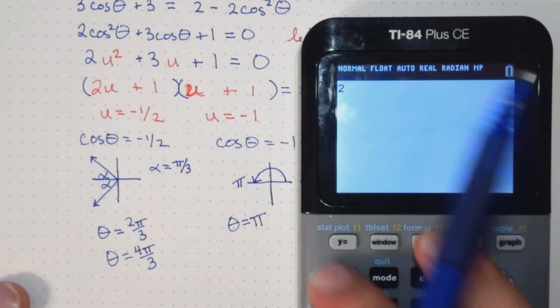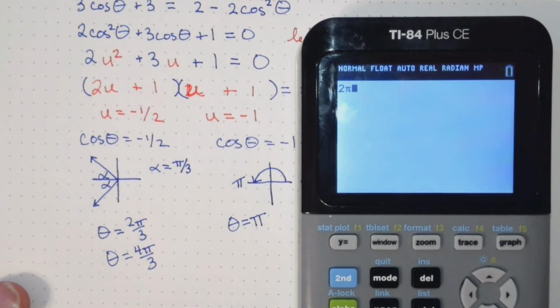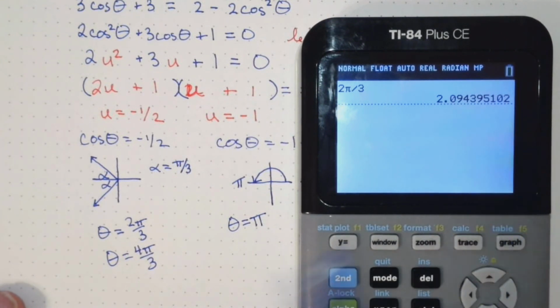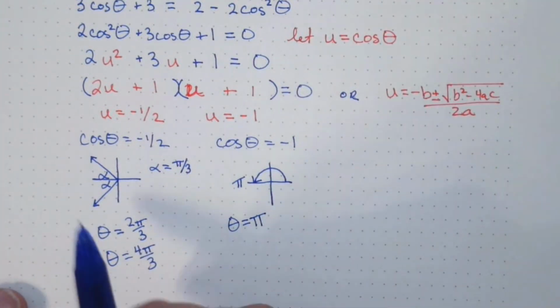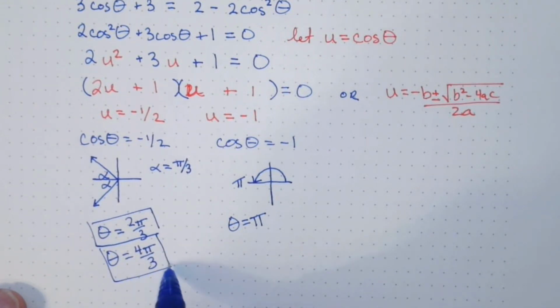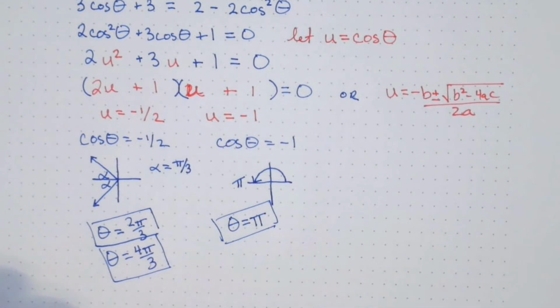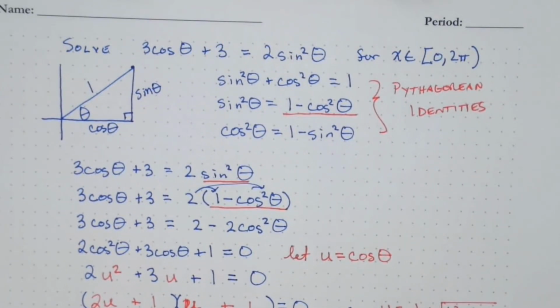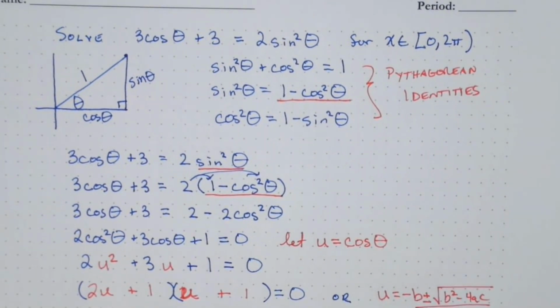And if I'm not sure what that value is, there's 2 pi divided by 3, 2.0943. Right? So I've got my various solutions, and on the interval, there are only those 3 solutions. Okay? So this is the first of several examples on solving equations in analytic trigonometry.